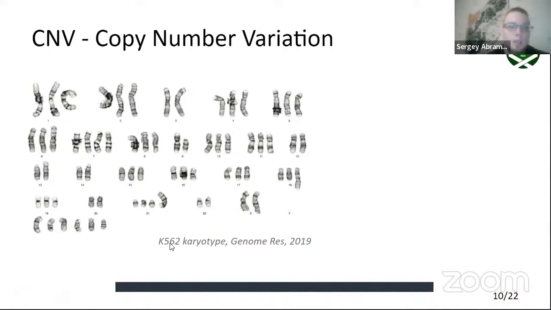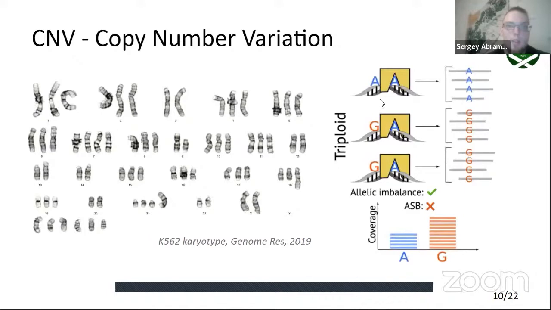Here you can see a karyotype of K562 cells. These cells are mostly triploid. In this case, even if the substitution does not affect binding of the transcription factor, we would expect there will still be imbalance, because there will be 2 times more reads on average with the G letter.